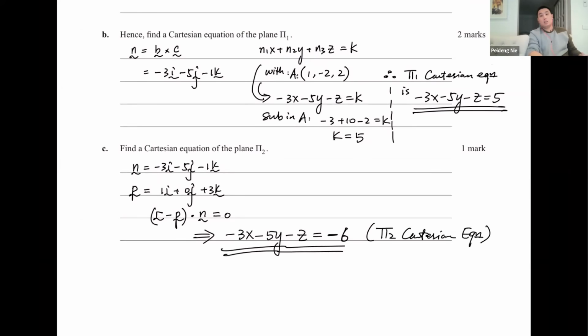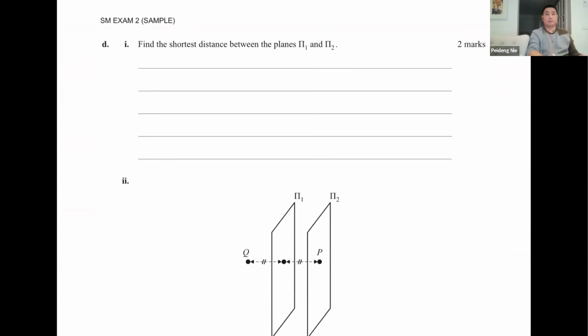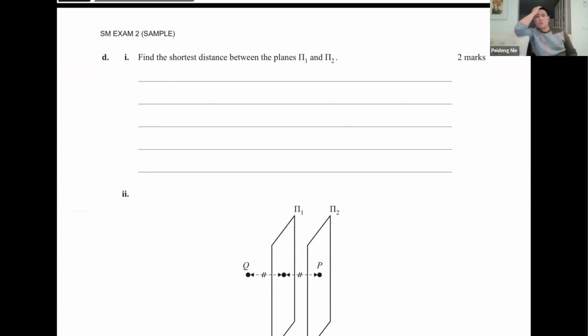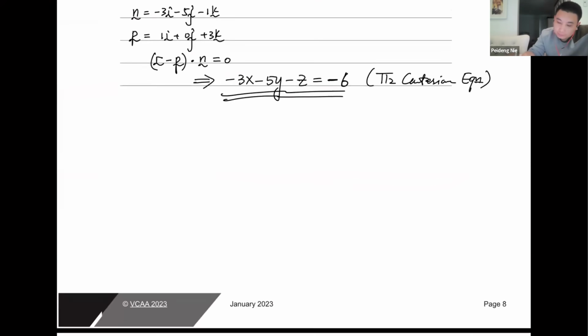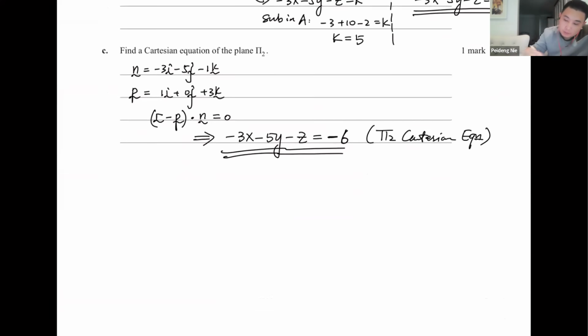All right, next. Find the shortest distance between the planes pi 1 and pi 2. So, as I mentioned before in the multi-choice question, now I just need to write down two equations in appropriate form.